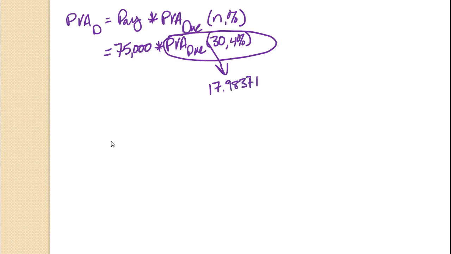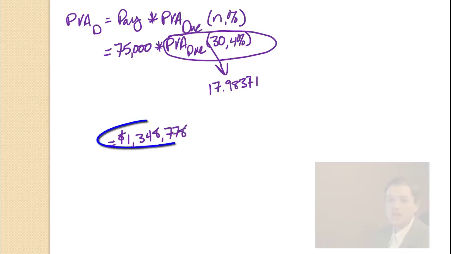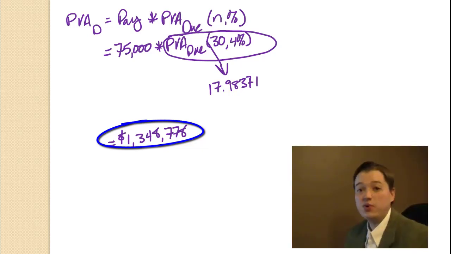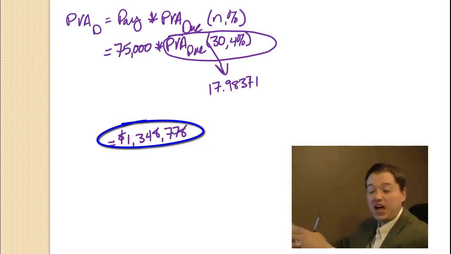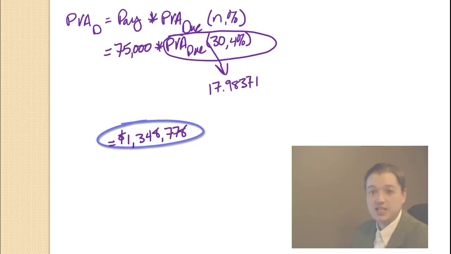And if we multiply that out, we get $1,348,778. So that's what he needs in his account on the day he retires. He needs this amount, and then he'll take out the 75 and put the rest of that 1,275,000-ish into his savings account and save for the rest of his life.